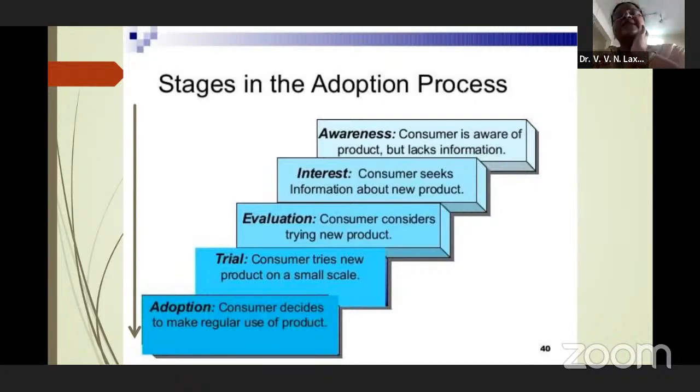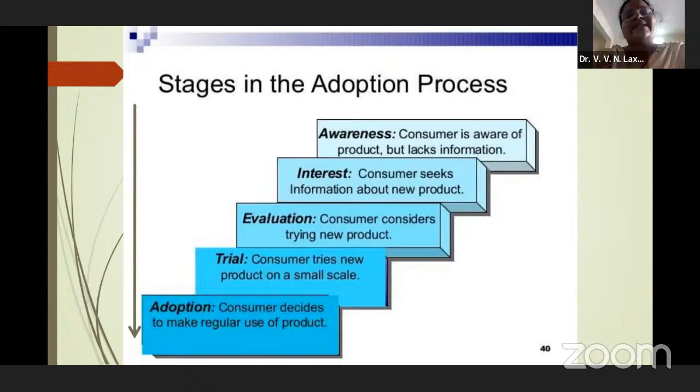Sometimes some MNCs and also some local companies identify certain geographical areas. Like if you take the example of India, they have identified Hyderabad, Vishakhapatnam, and Pune to be a copy, in the sense that the geographical spread and the population spread in these cities are very similar to the spread in our country.